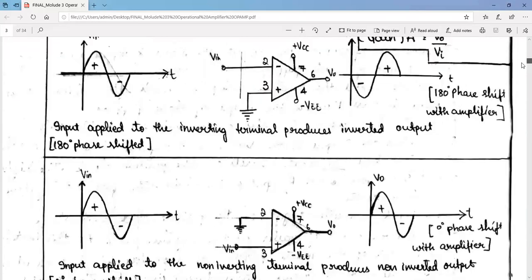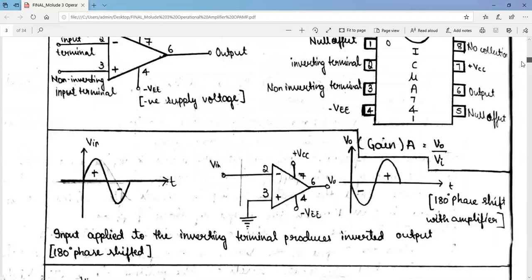Now let us see, in case you are giving input to the inverting terminal, what will happen to your output. If you give an input of this particular order, a sinusoidal wave which has a positive peak followed by a negative peak, to the inverting terminal and ground the non-inverting terminal, your output will look somewhat similar to this.